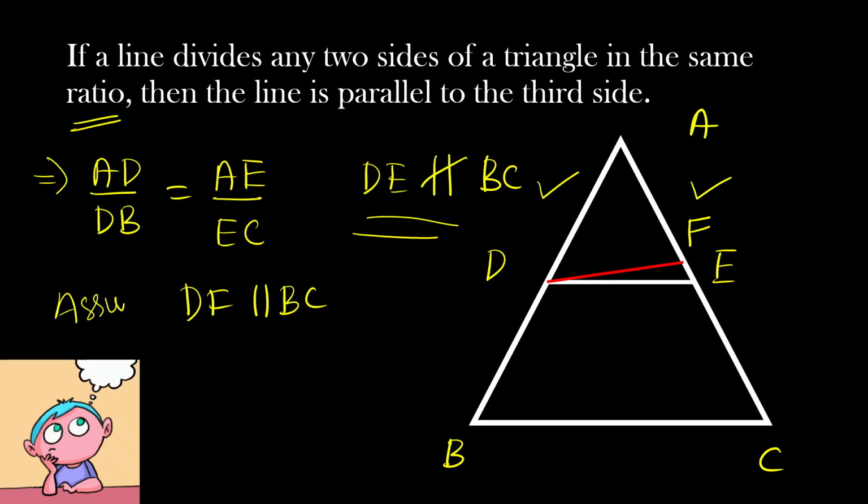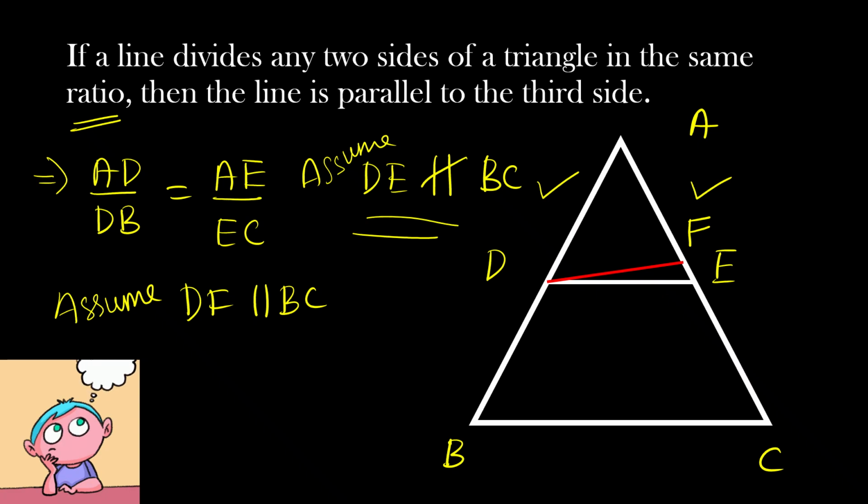We assume DE is not parallel to BC, and we also assume that we draw another line DF which is parallel to BC.